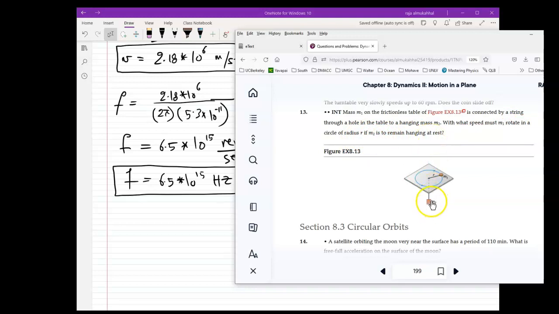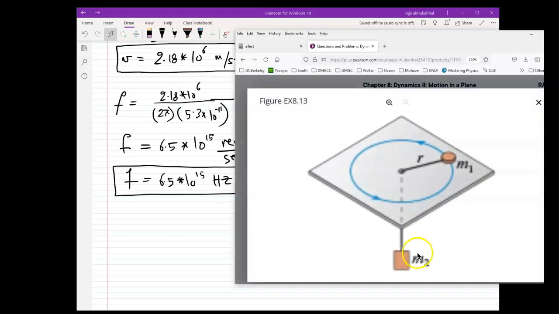So in other words, if M2 is coming down, what's going to happen? The radius here would be decreasing. And as it is decreasing, the speed of this puck is going to go faster and faster. It becomes a more complicated problem. It requires a little bit more sophisticated formulation to solve it. We're not doing that.